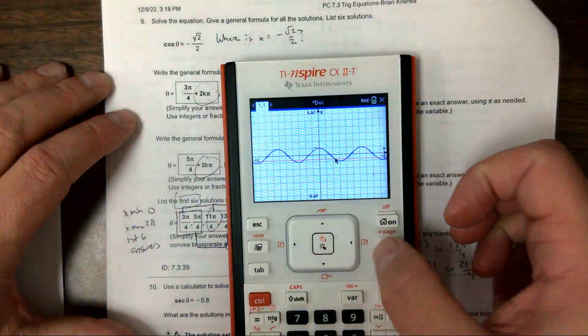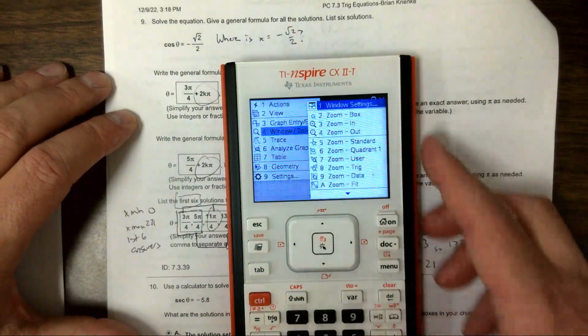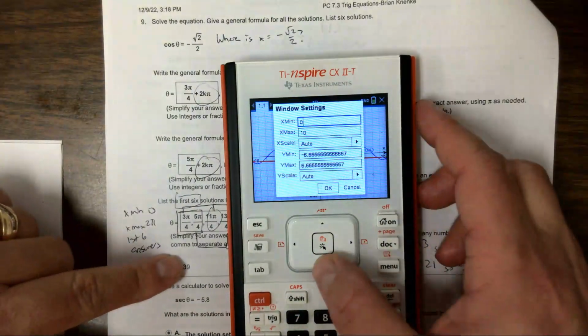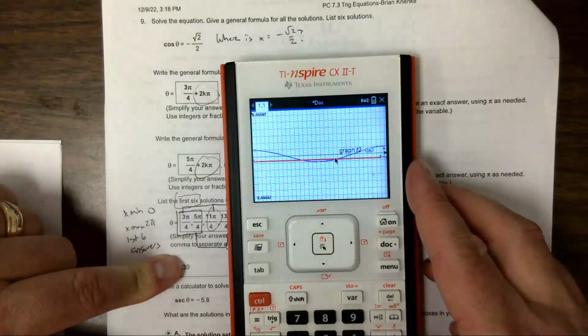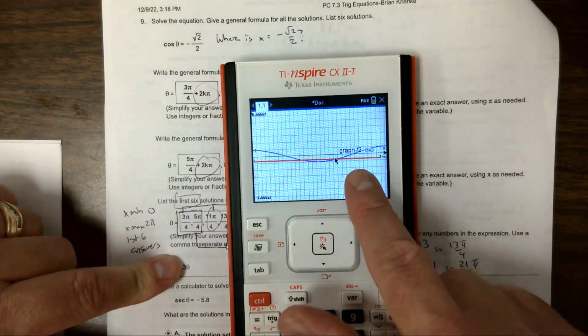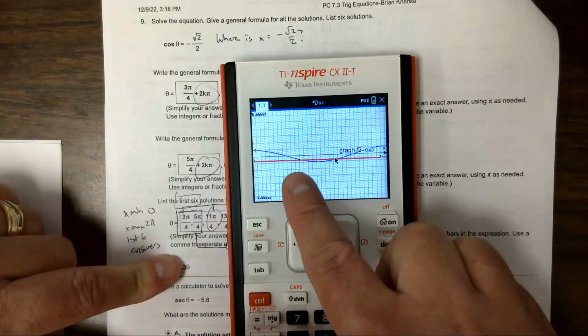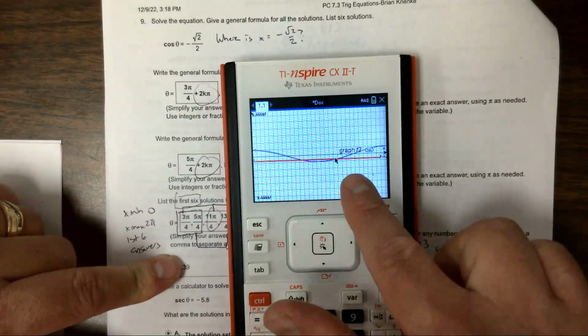Okay, so if I change my window settings to 0 to 2 pi, okay, there I only see 2 answers.